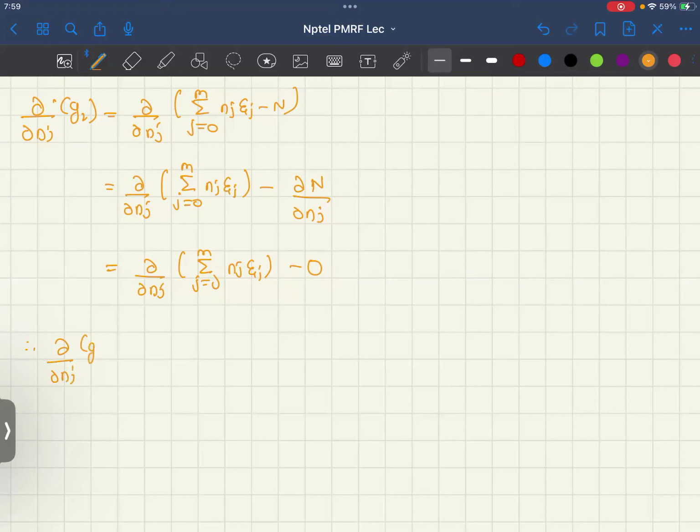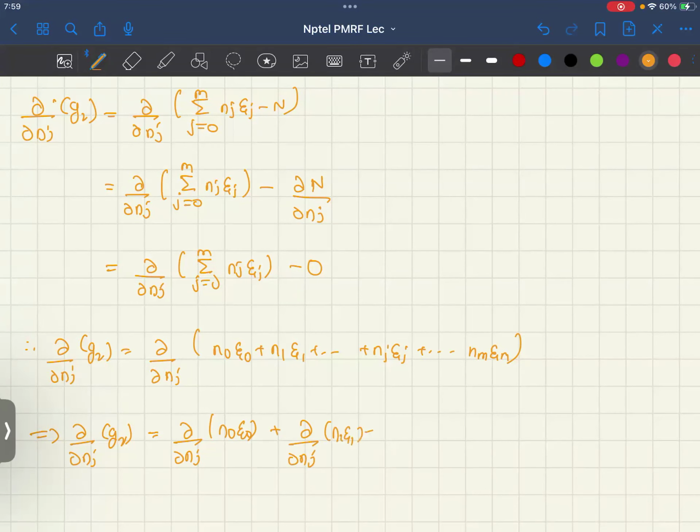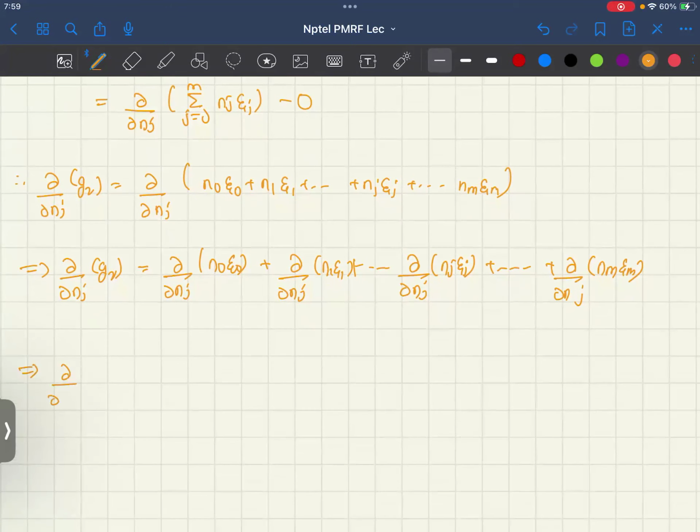Therefore, ∂/∂nj of G2 is nothing but ∂/∂nj of n0 epsilon 0 plus n1 epsilon 1 plus nj epsilon j plus nm epsilon m, which is ∂/∂nj of n0 epsilon 0 plus ∂/∂nj of n1 epsilon 1 plus ∂/∂nj of nj epsilon j plus ∂/∂nj of nm epsilon m. So ∂/∂nj of G2 is equal to 0 plus 0 plus 1 plus 0.